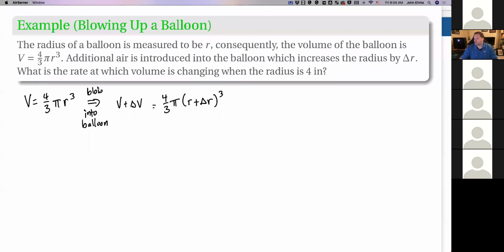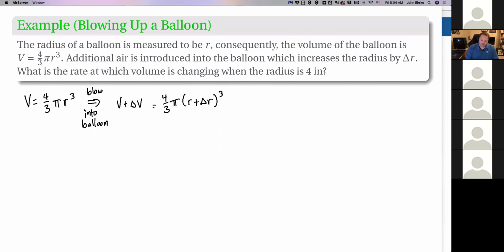So this is what the act of blowing into the balloon creates. It creates a formula where I've changed the input variable radius a little bit, and I've changed the output variable volume a little bit. And ultimately what I want to do algebraically is recover the ratio of those two things.